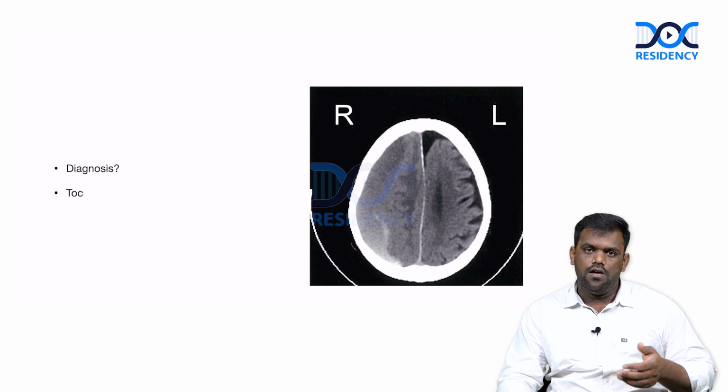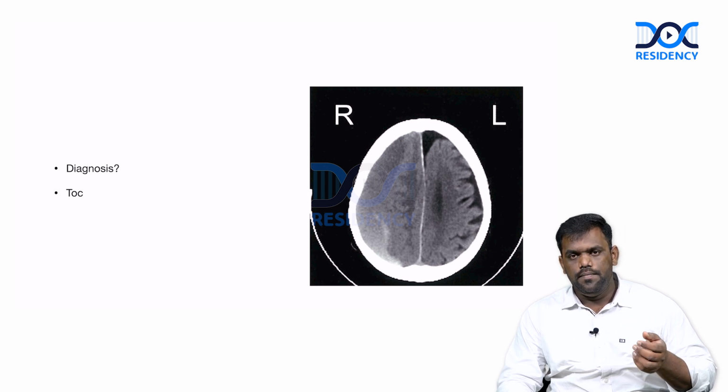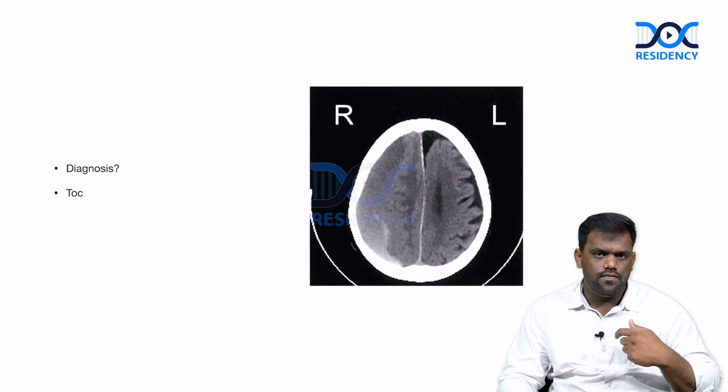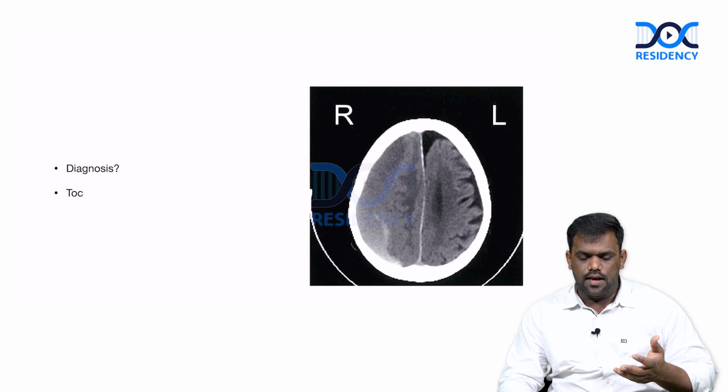Suppose they have had multiple falls before, and suddenly the patient falls in the bathroom or from the bed, and immediately comes to the casualty with loss of consciousness or neurological deficits like weakness of the limbs. When you take a CT, it shows like this.